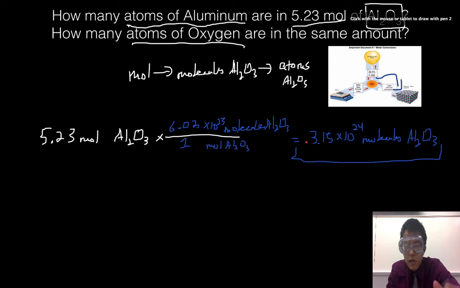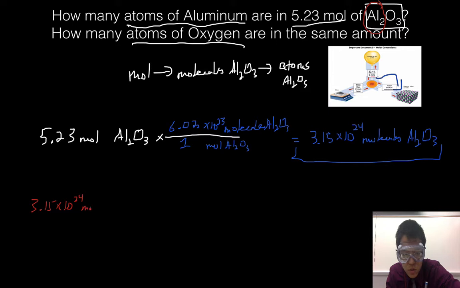But I want to get a little bit more specific. I want to know exactly how many atoms of Al I have. Well, I know that I have 3.15 times 10 to the 24th molecules of Al2O3. If I have that many molecules, I need to know how many aluminum atoms are in one molecule of Al2O3.